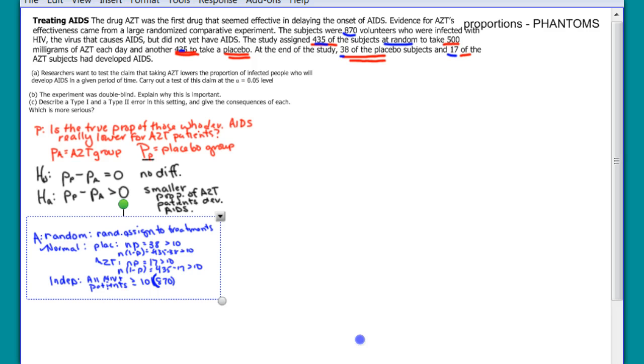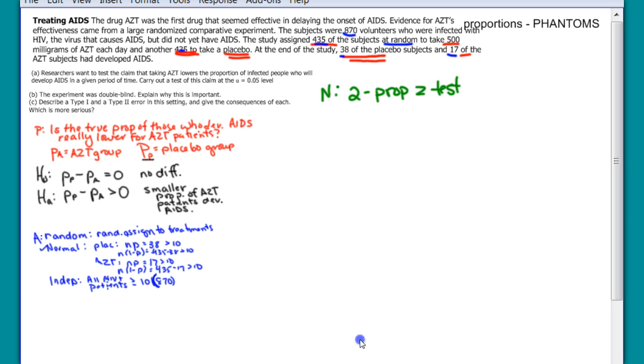Now let's talk about naming our procedure. We are going to do a 2-proportion z-test, and we are going to do that at the alpha equals 0.05 level. All right.